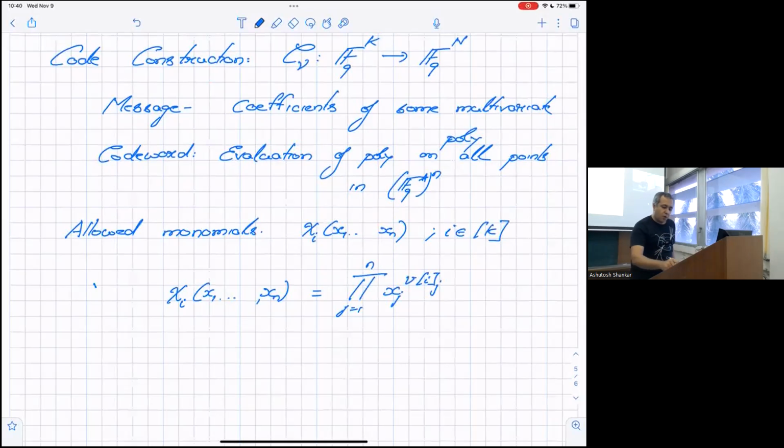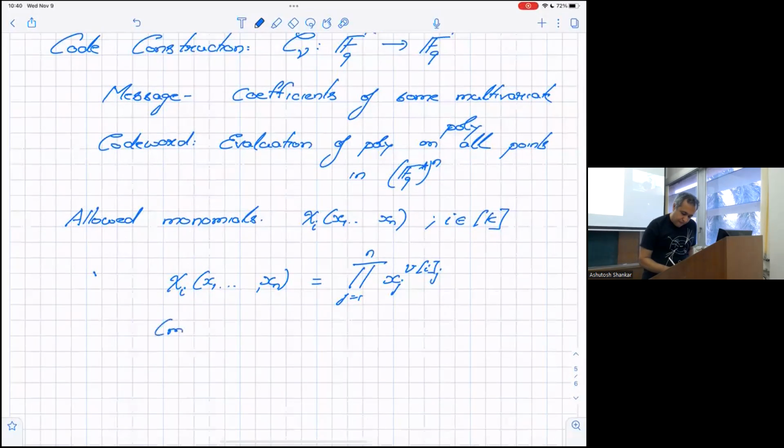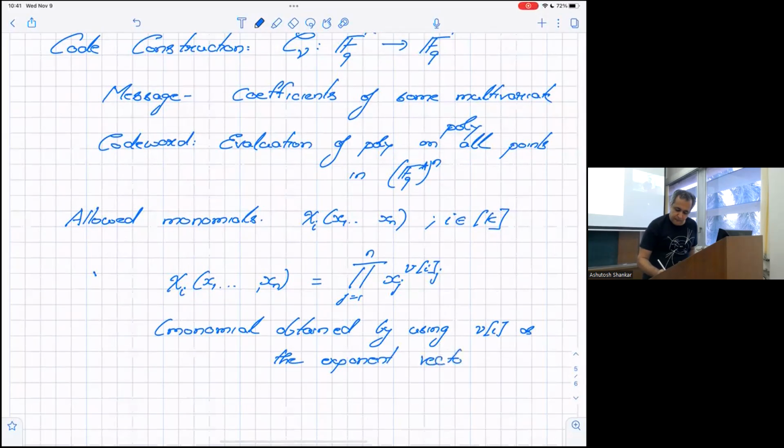That is the monomial obtained by using Vi as the exponent vector. So these are the allowed monomials. I give you V1, V2, ..., Vk.